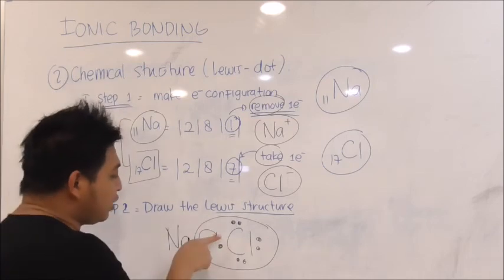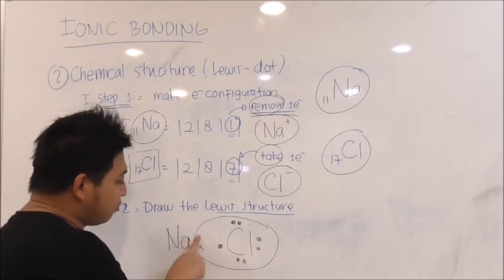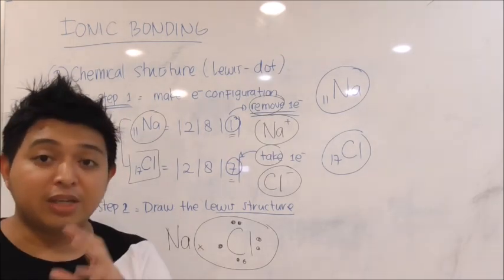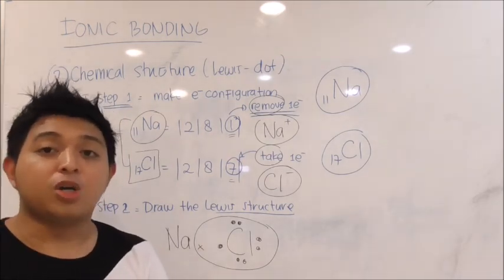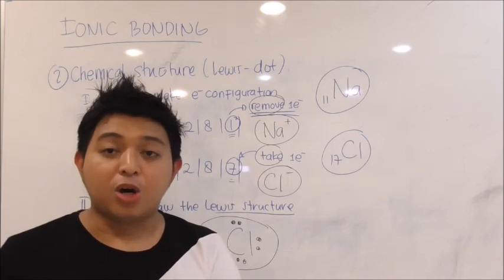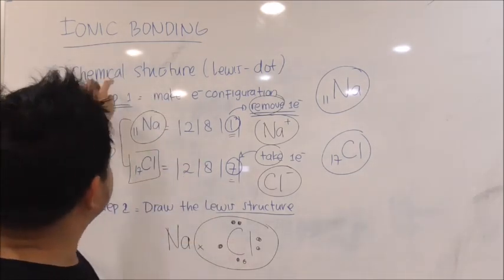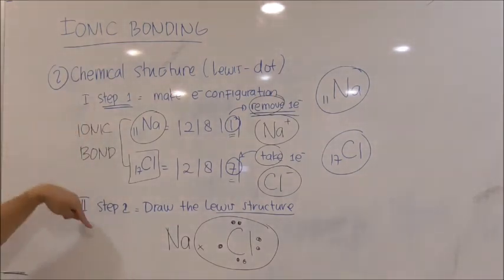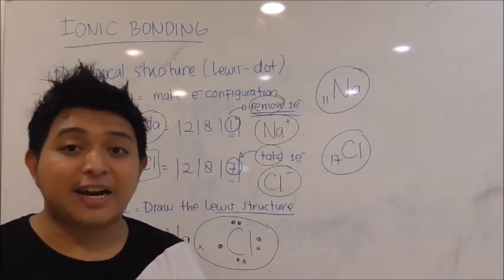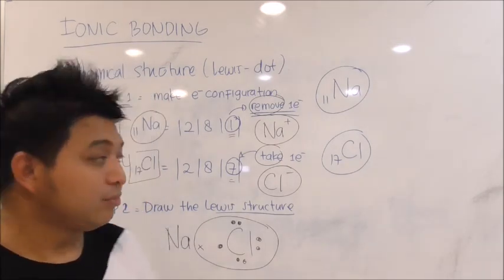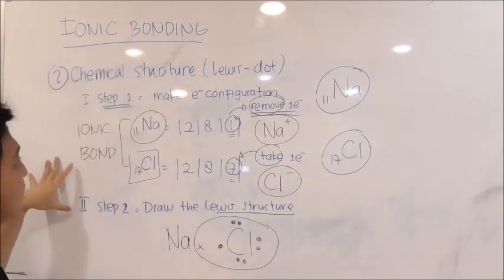When you put a circle, you don't need to put an arrow. This is what we call the chemical structure based on Lewis or dot structure. That's the second thing. So there are 2 steps if you want to make the Lewis or dot structure.